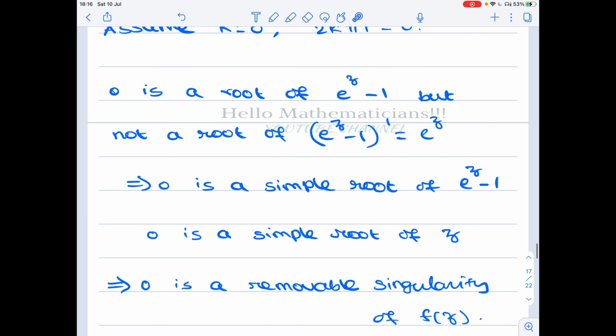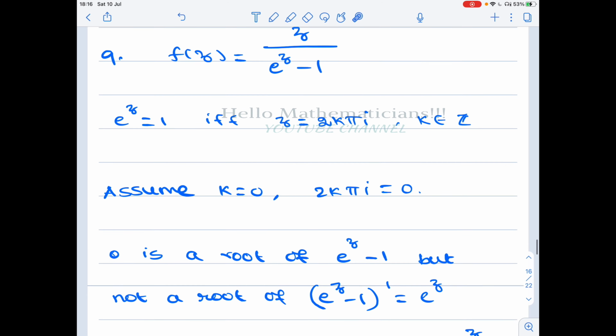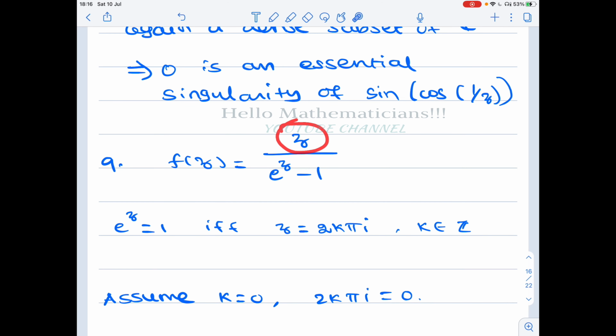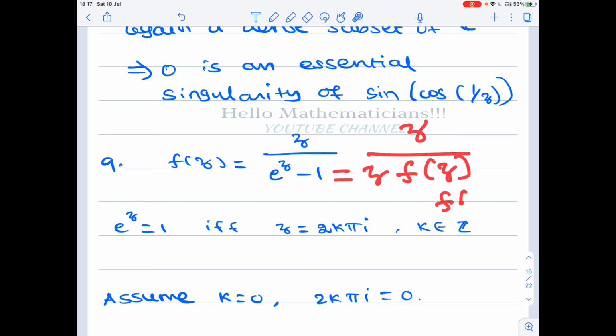Similarly, 0 is also a simple root of z. A simple root of this and a simple root of this means e power z minus 1 can be written as z times another function f of z, and f of 0 is not equal to 0. If 0 is a simple root of e power z minus 1, then e power z minus 1 equals z times f of z such that f of 0 is not equal to 0.